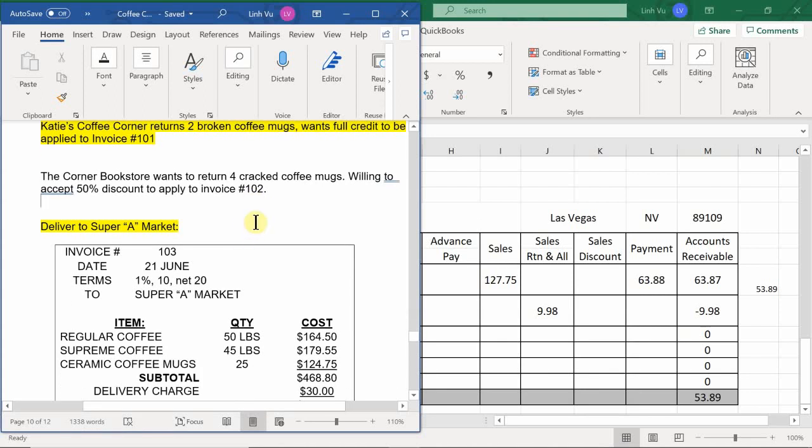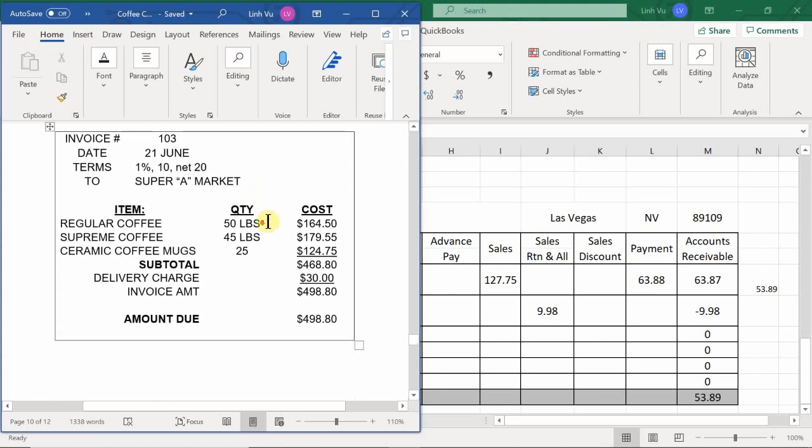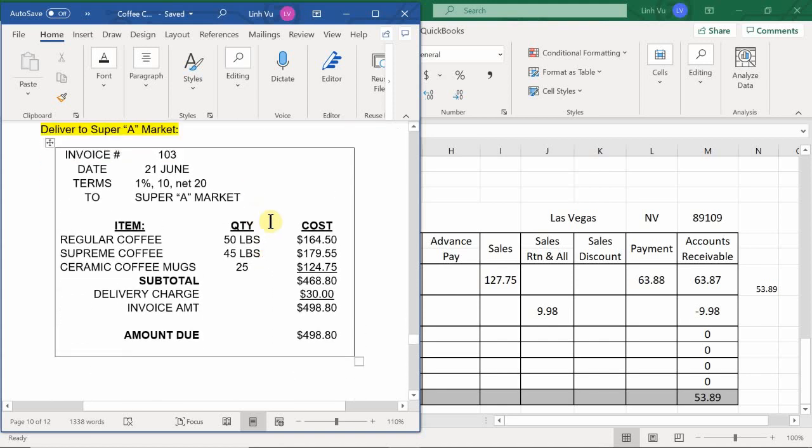So now Albert also delivered to Super A Market.